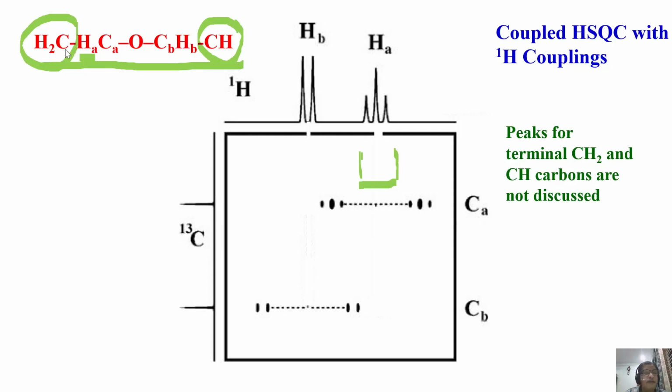Now, because of coupling of this proton with this proton, Ha is a triplet. That's what you are seeing in the proton spectrum. This Ha is a triplet because of its coupling with CH2 protons. Now, this coupling is going to be reflected in the proton spectrum. You know that.